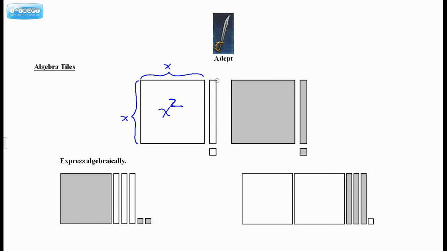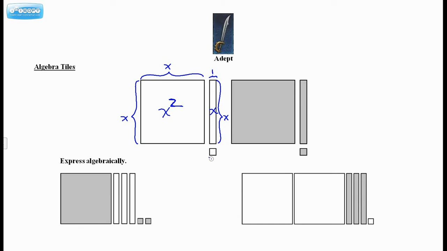Remember I said this was the same, so this is x. And this little width here, we define that as 1. So the area of this bar is x times 1, which is just x. So the area of a bar is x.